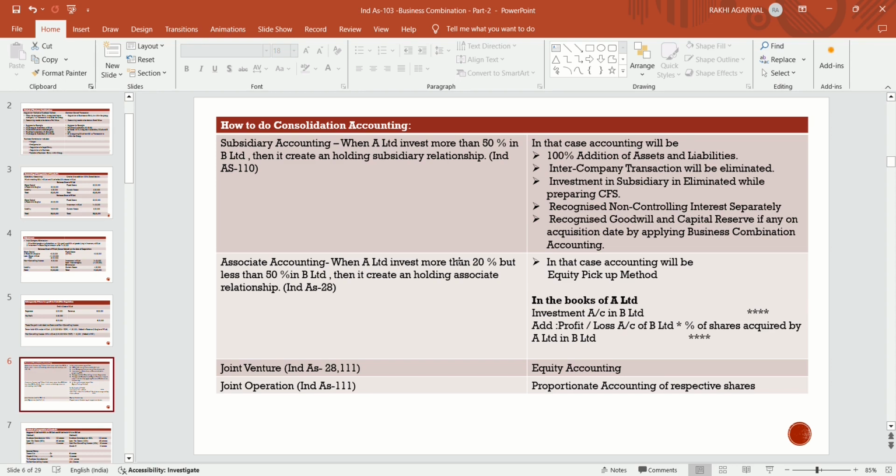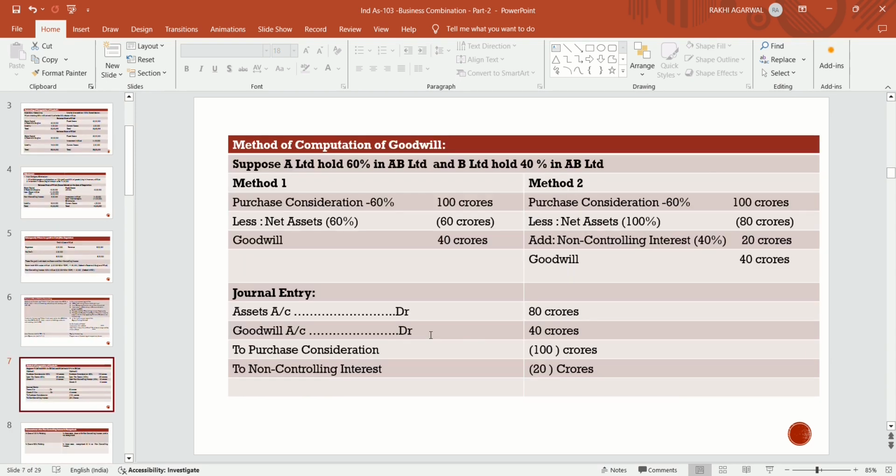Now in joint venture accounting, what happens? Equity accounting is to be done; for joint operation, proportionate accounting. Now the methods of computation of goodwill. Suppose A Limited holds 60% in AB Limited and B Limited holds 40% in AB Limited. In method 1, the purchase consideration is for 60%.